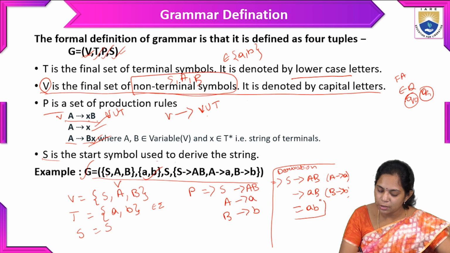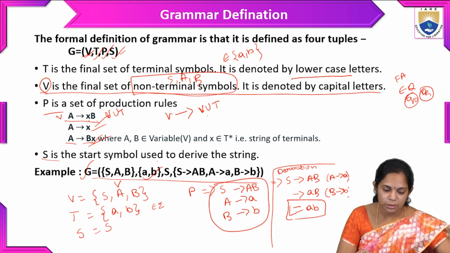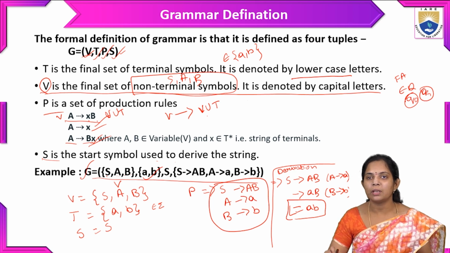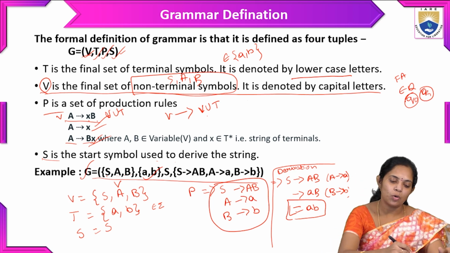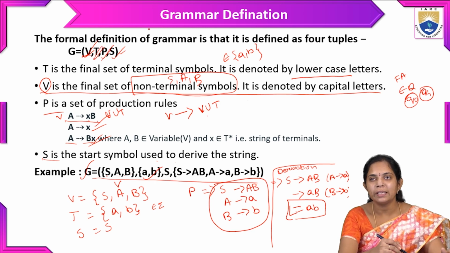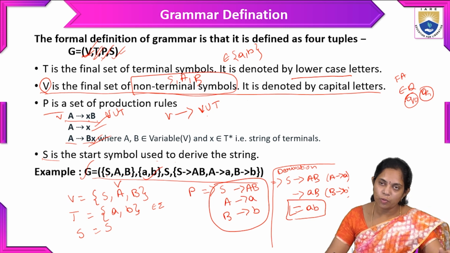This is the string formed by these production rules. So a given grammar has a 4 tuple: V is the non-terminal set, T is the terminals, P is the production rules, and S is the starting symbol, which is used to form a string.